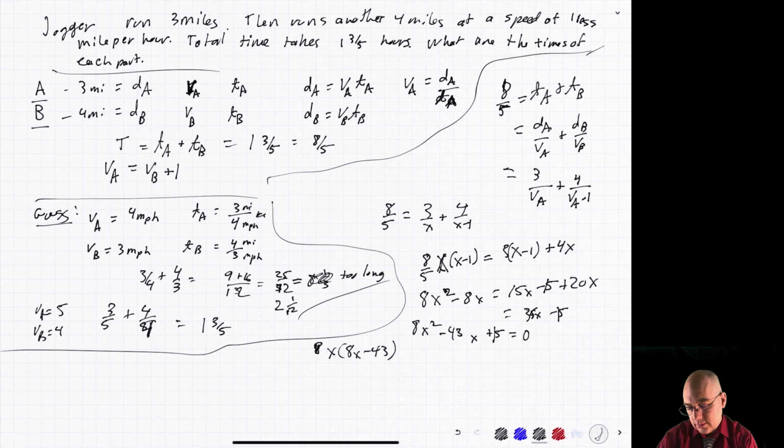And so it's going to be between 0 and 43 over 8 or 43 over 16.